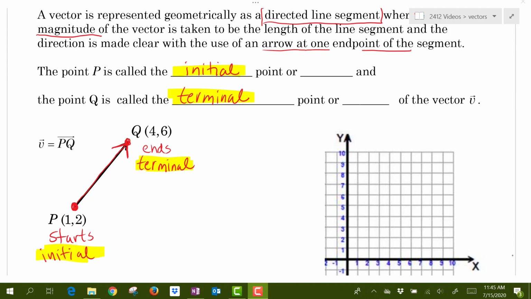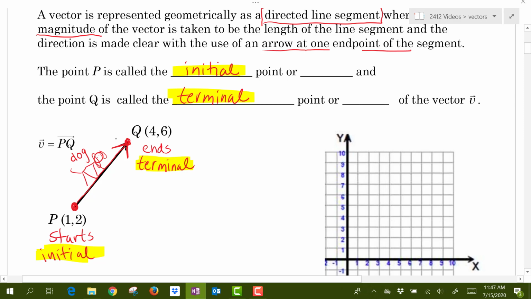Some other terminology that you're likely to hear when you talk about vectors is head and tail. If you were to imagine, let's say, an animal, I'll use a terrible picture of a dog. I probably should label this dog since it's kind of hard to tell what that is.